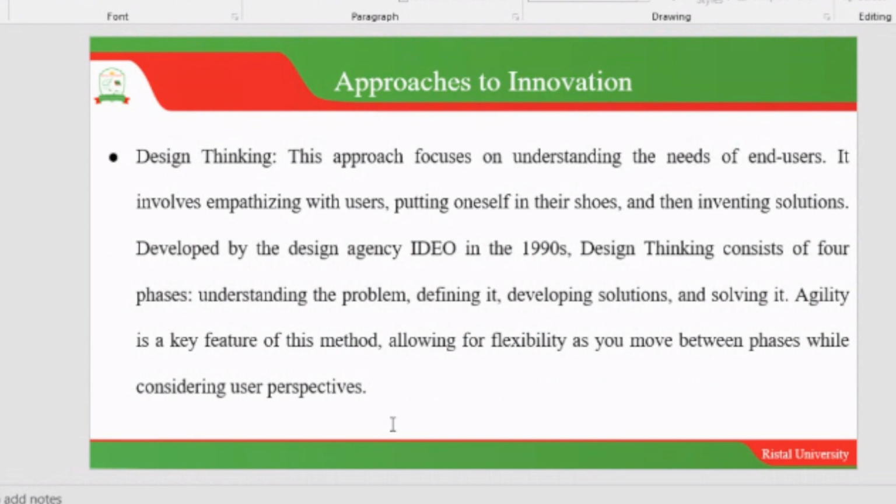So it consists of 4 phases, including understanding the problem, defining it fully by breaking it down to its component parts, and then developing solutions which are holistic in nature.